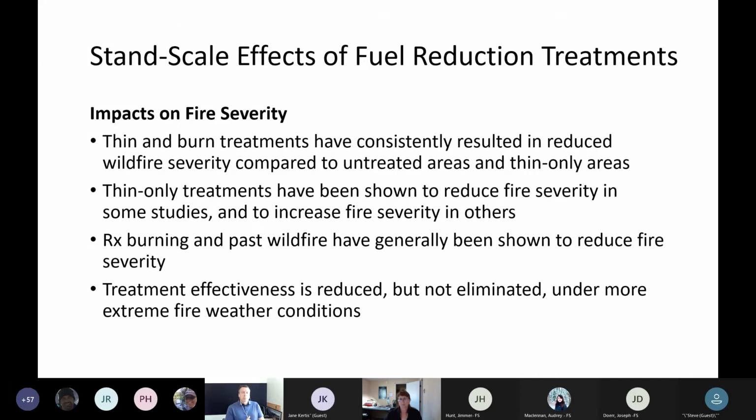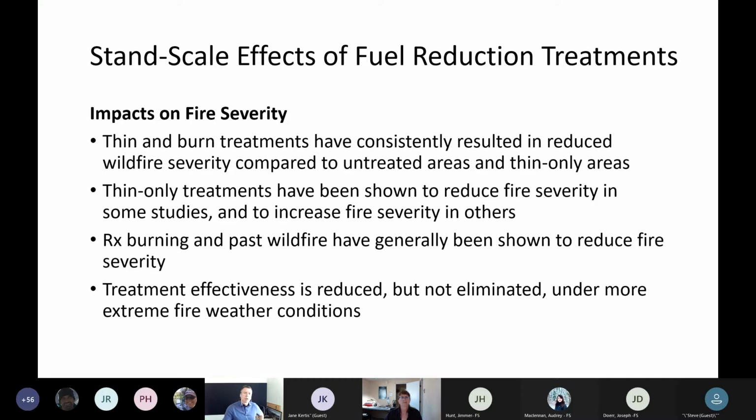And when we start looking at how fire weather conditions influence the effectiveness of these different categories of treatments, what we generally find is that as fire weather becomes more extreme, as we start moving into 97th or 98th or 99th percentile fire weather conditions, the effectiveness of all of these different types of treatments, burning, thinning, or the combination of burning and thinning, is reduced, but not eliminated.